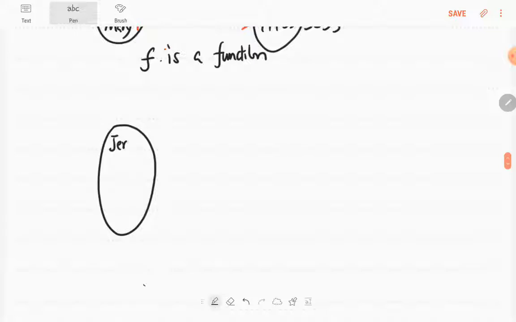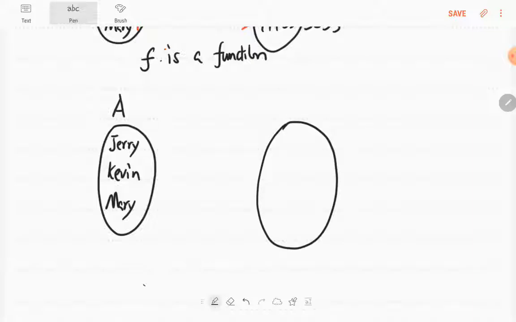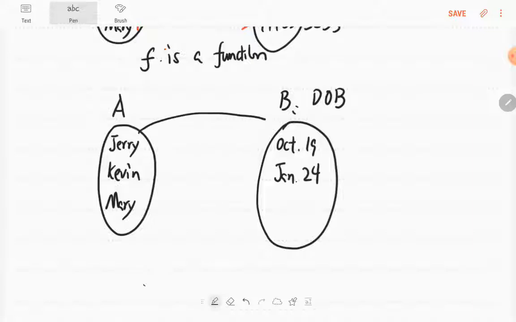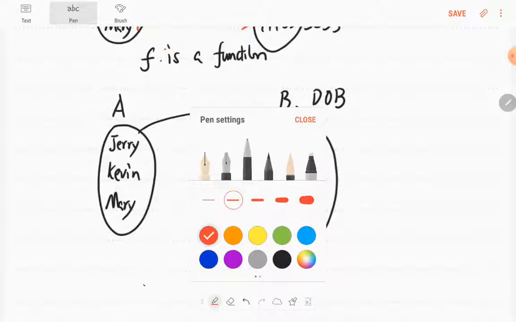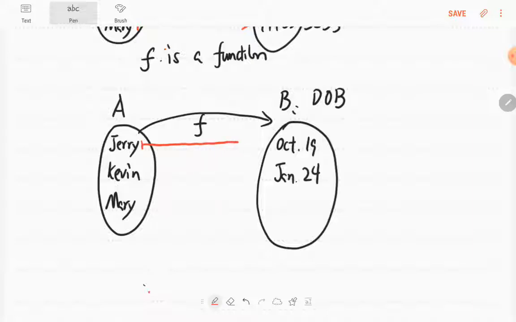We still look at Jerry, Kevin, and Mary. This is set A. And set B is the date of birth: October 19th, January 24th. This is the relation f between these two sets. Jerry's birthday is October the 19th.